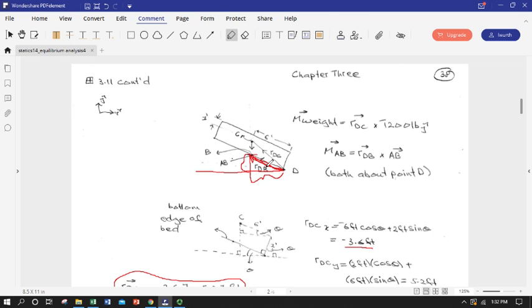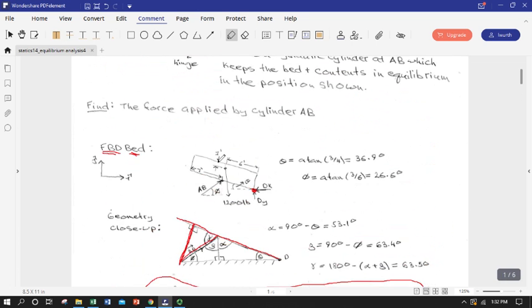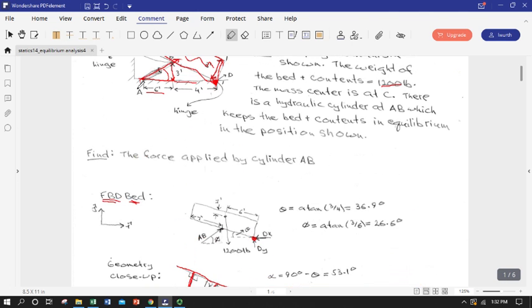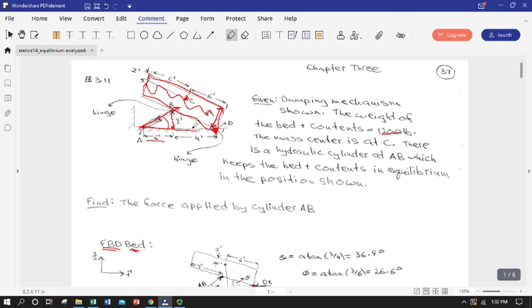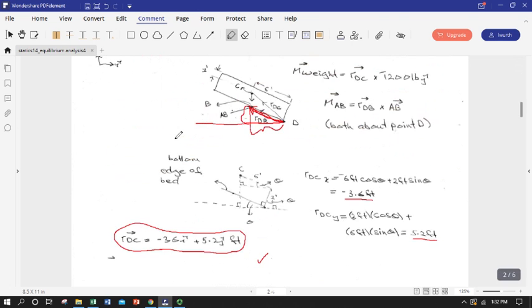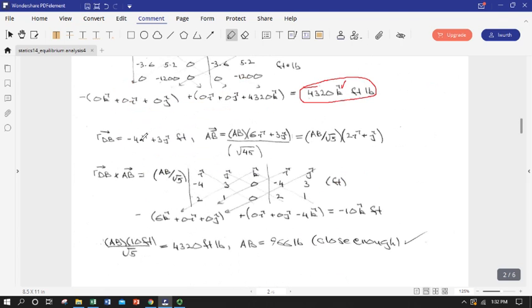So it's following the bottom length. It has an orientation along the base of the bed, and I just need to know how far to go. And I can maybe look back up at the original problem and get some information. I've got 4 feet in one, 3 feet in the other direction, so that I can get fairly easily from the original problem. So I have -4 feet horizontal and 3 feet vertical coming straight off of the original schematic.